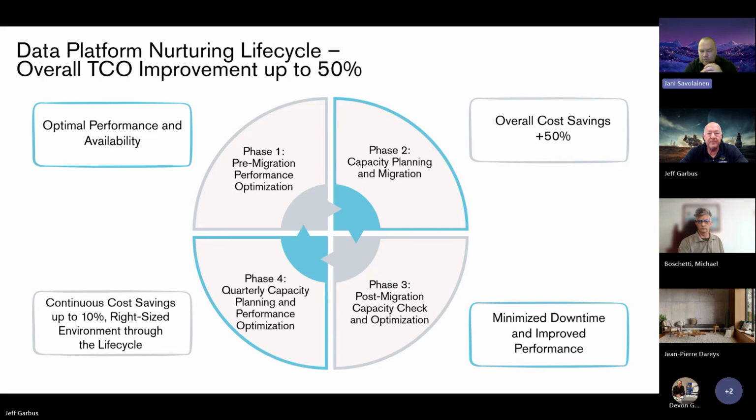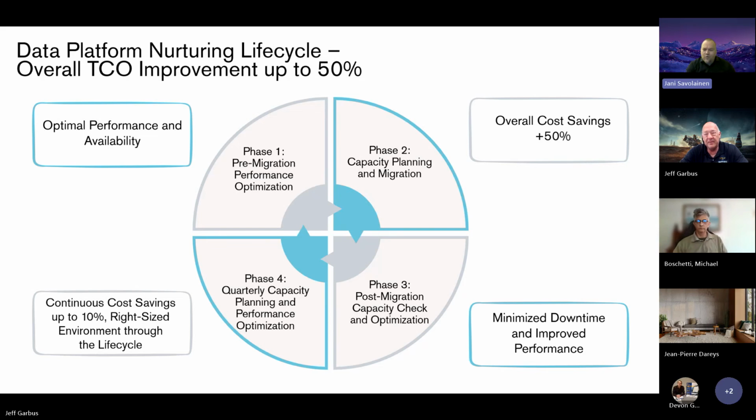And then the continuous process. Many times this is something that is not done, but it is very important, especially in a platform where you constantly add new servers, instances, and databases, and deprecate some of them from the environment. In such a case, you can do quarterly, monthly, or even weekly optimization of capacity and performance.